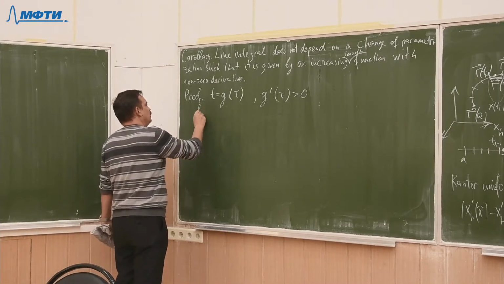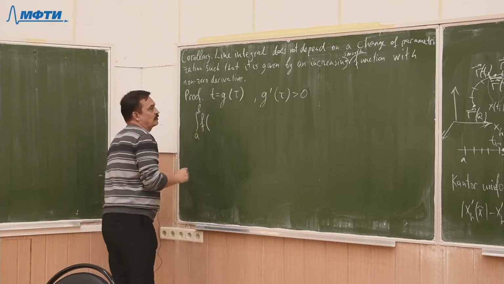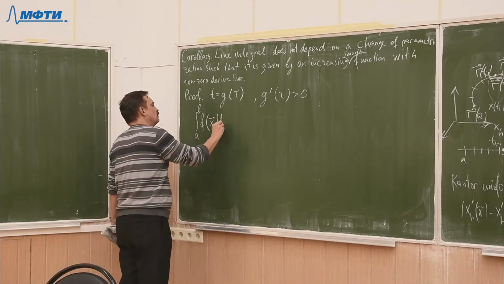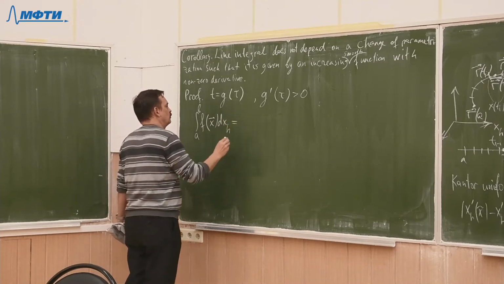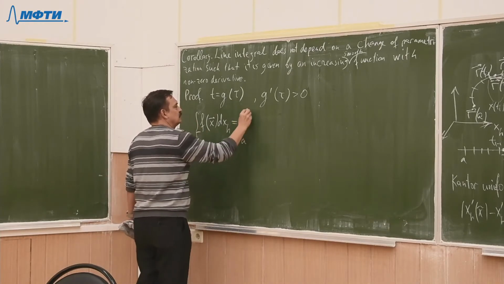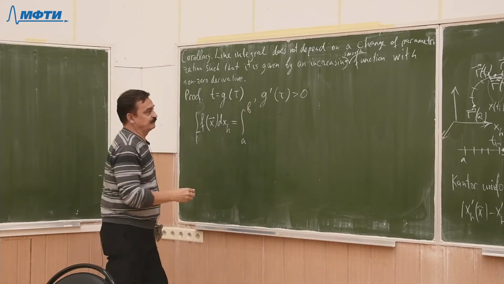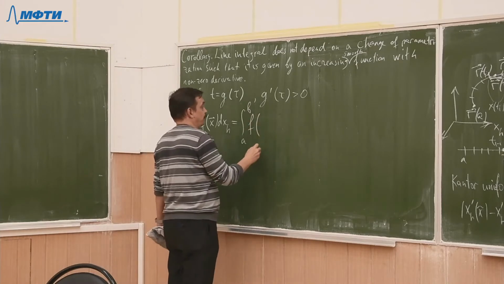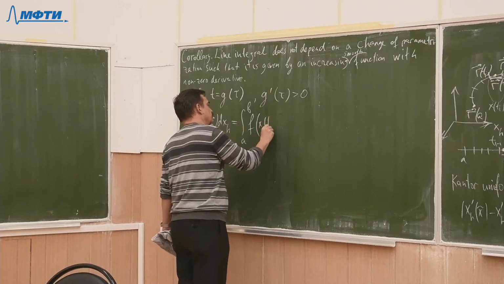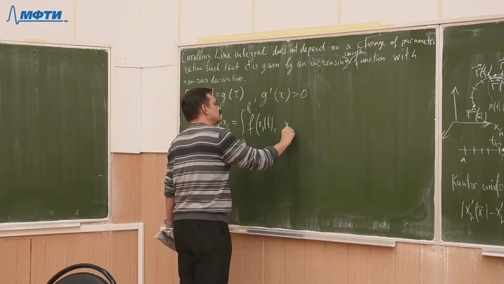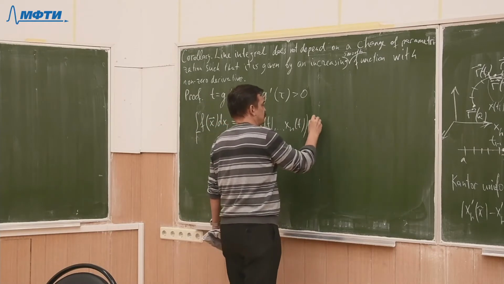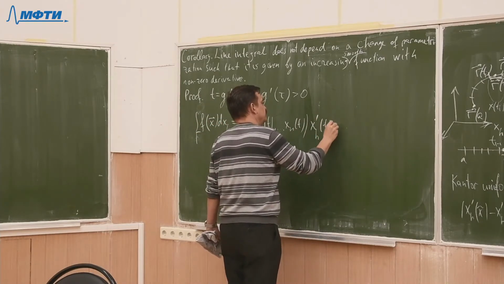Look, if we consider our integral, then as we know, the integral over gamma is equal to the integral of f of, how we wrote, let it be x1 of t, so on, xn of t, times xh prime of t dt.